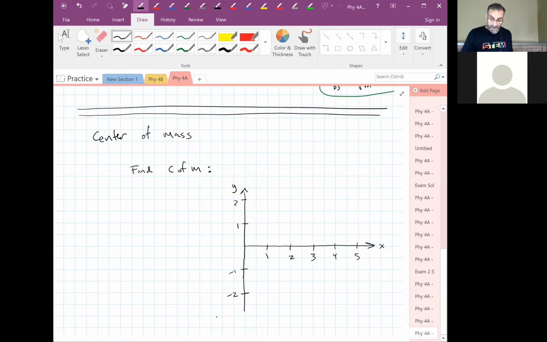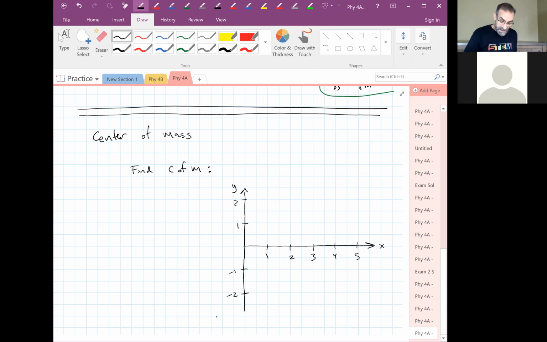Momentum in 2 dimensions is just, we did a problem last time. You just break it up into components and do 2 one-dimensional momentum problems, right? We might do some more. We might not, but momentum in 2 dimensions is fair game.